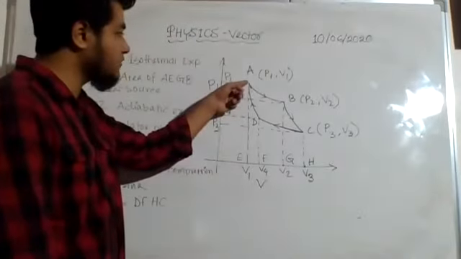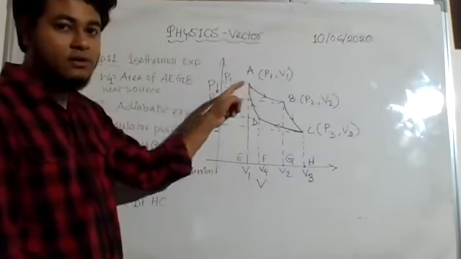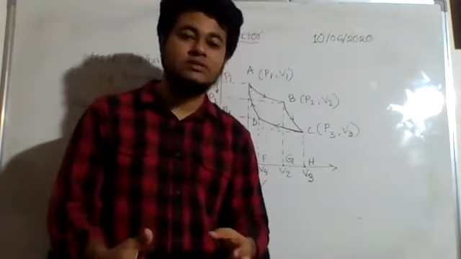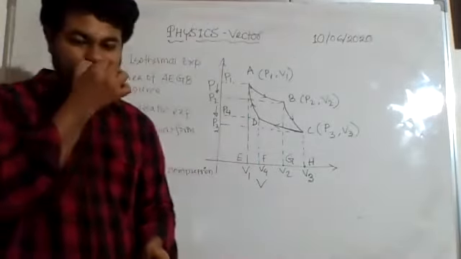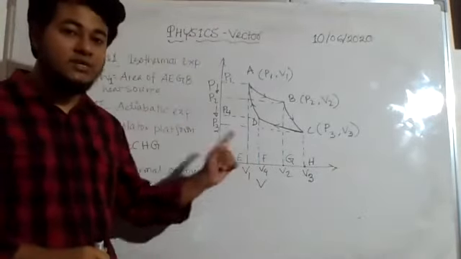It started its journey from here, went through a couple of operations, and came back to the initial condition. So this is the Carnot cycle.